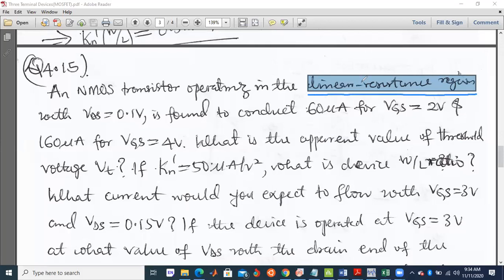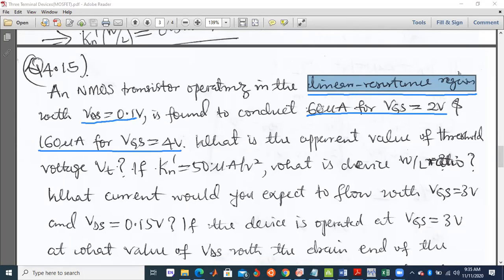So it means that it is in which region? Triode region. With VDS equal to 0.1, it is found to conduct this current for VGS equal to this, and this current for VGS equal to this.